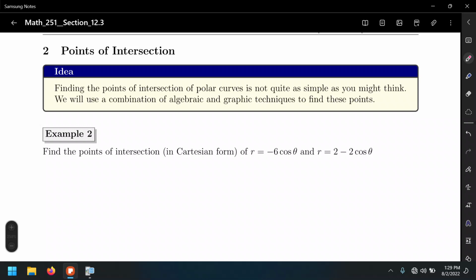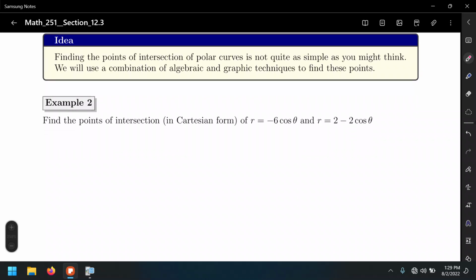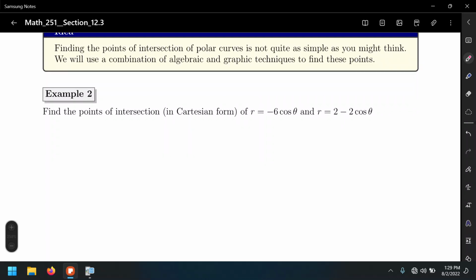The reason why we're going to do the whole thing is because it depends on the questions. It depends on whether in MATLAB you will be just asked to submit the results in polar form or in Cartesian. You will have to go all the way to the Cartesian form. So let's go ahead and find the points of intersection in Cartesian form.